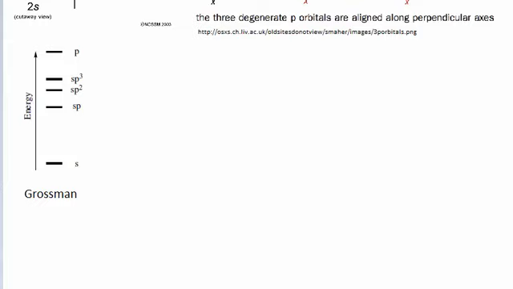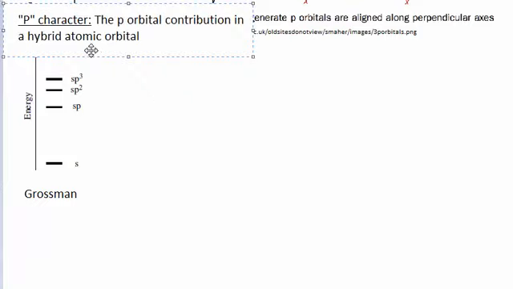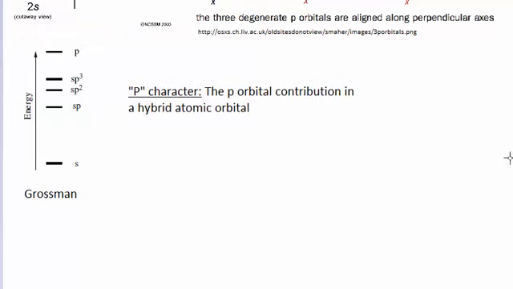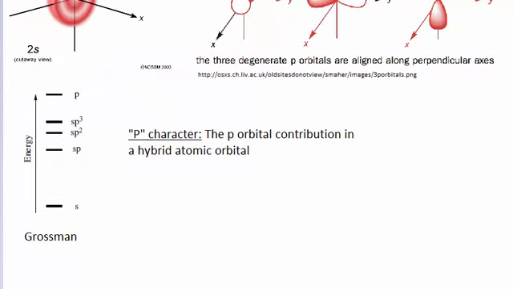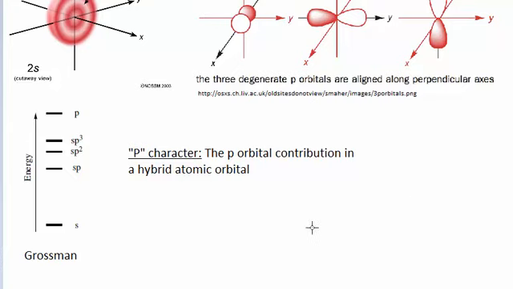Okay, so one other thing we should discuss, and this might be jumping the gun because we haven't discussed hybridization, is something called p character. p character determines how much of an orbital's contribution consists of p. So an s orbital is entirely s, so no p character, and an sp is 50% s, 50% p.